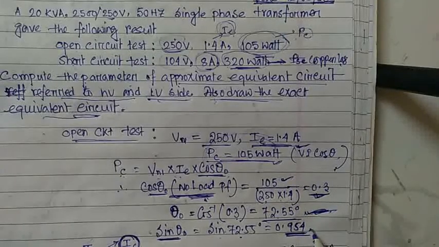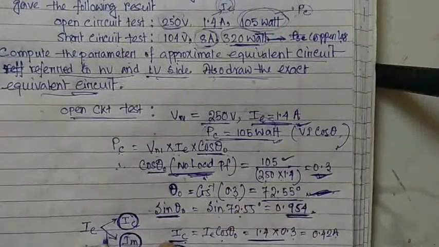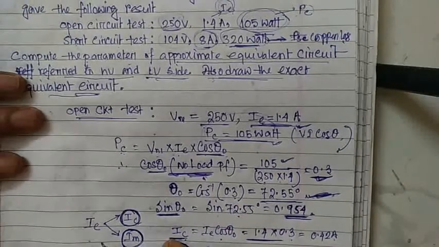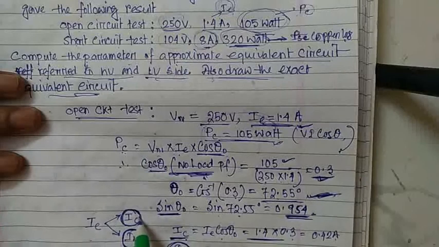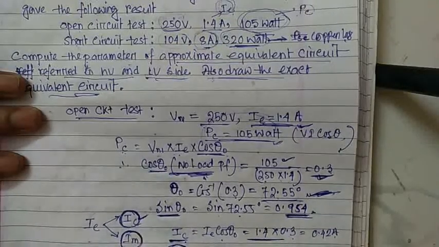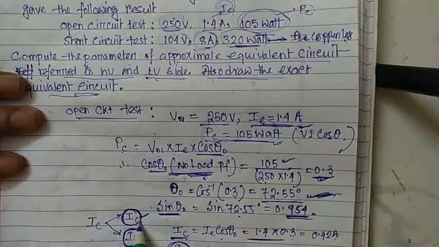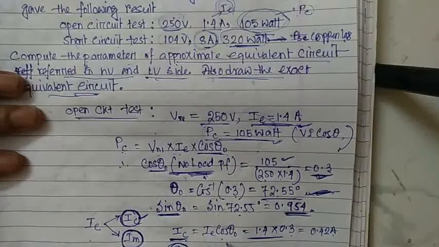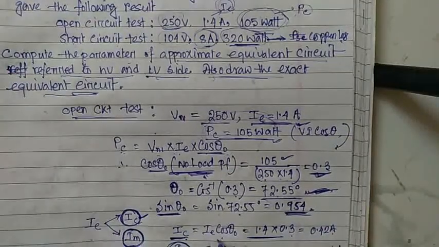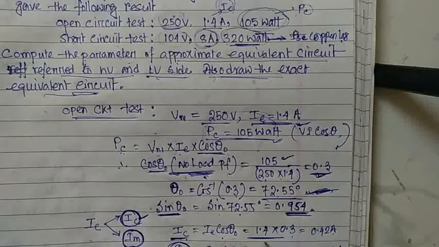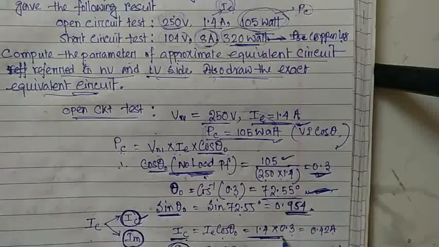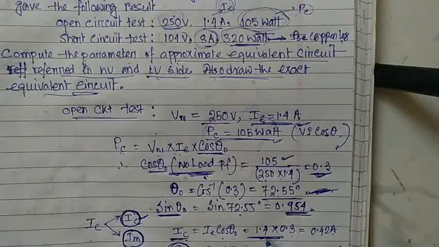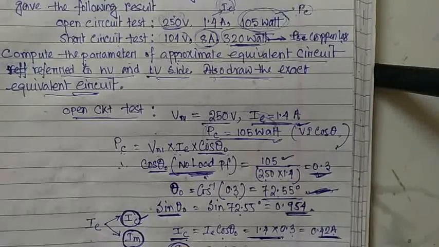Now sine of theta 0 is sine 72.55 degree, that is 0.954. Again, we know that the exciting current has two components: the core loss component current IC and the magnetizing component current IM. The core component current is IE cos theta 0, that is 1.4 into 0.3, which is 0.42 ampere.